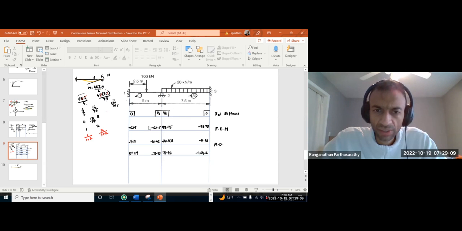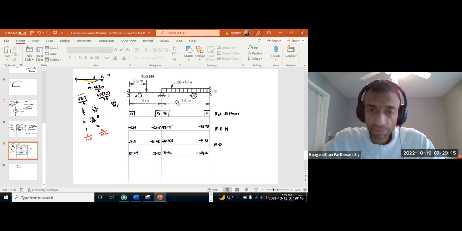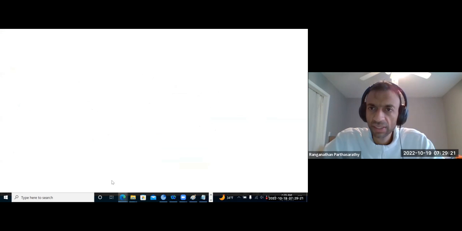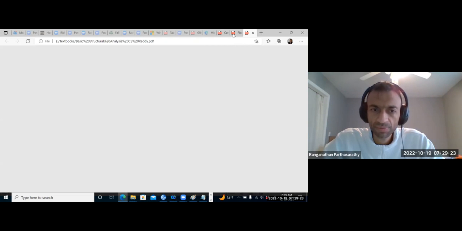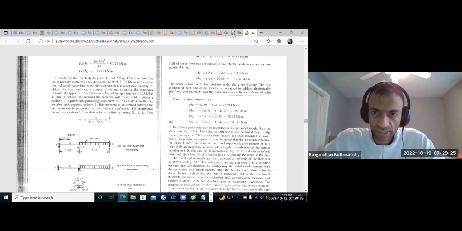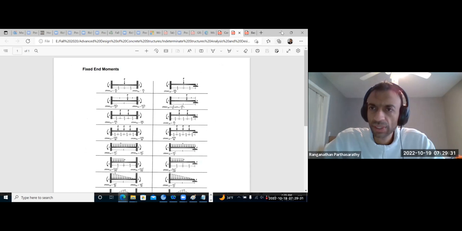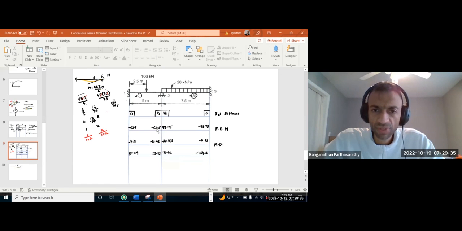Then we calculated the fixed end moments, which we can usually find using the standard values in a table like those. So those are our fixed end moments.